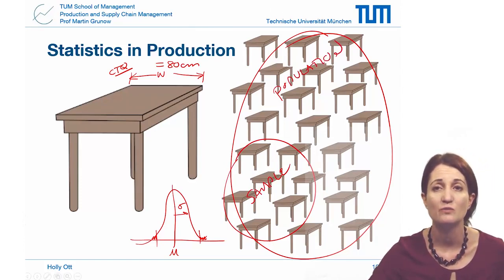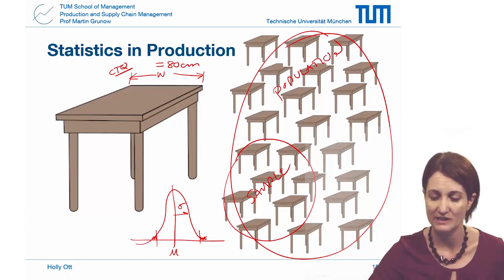And what we do is we verify if our sample meets the requirements for our CTQ. And then we will project the quality of the entire population based on the quality observed in the sample.